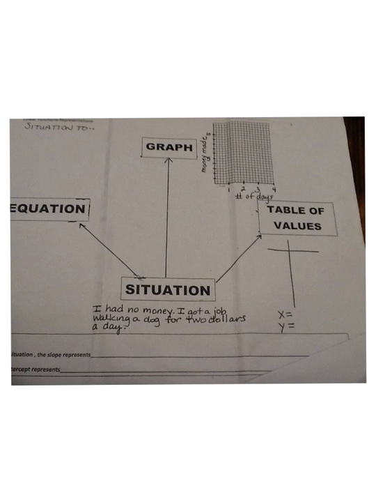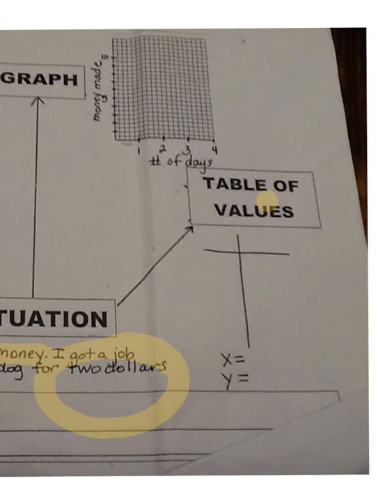So here we are at the situation: we have no money, and we earn $2 a day. Why don't we start with our table of values. So I'm going to blow this up a little bit.